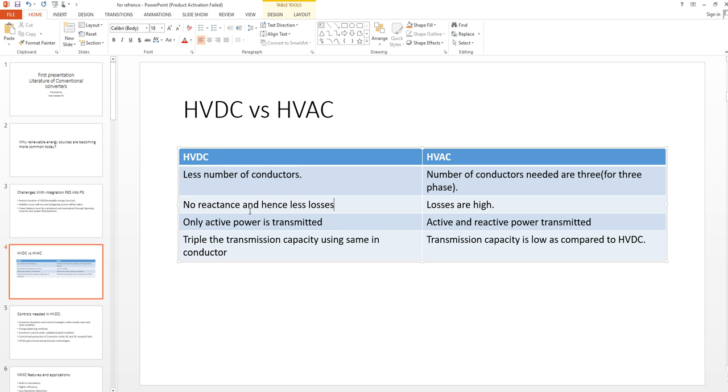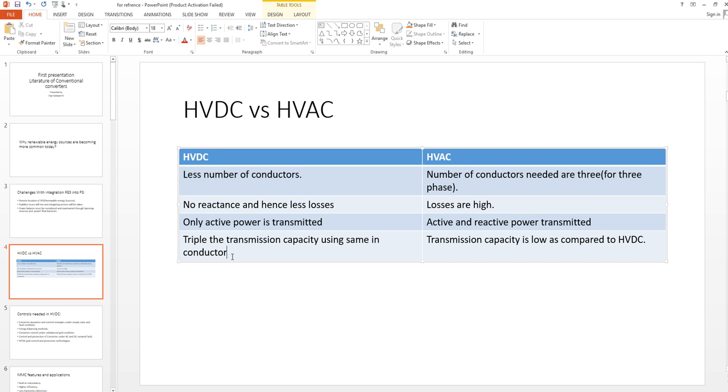In DC, there is no reactance since frequency is zero, so the losses are very low in HVDC. But in HVAC, we have reactance, so the losses are very high in the HVAC system. In the HVDC system, only active power is transmitted, but in the HVAC system, both active as well as reactive power is transmitted.